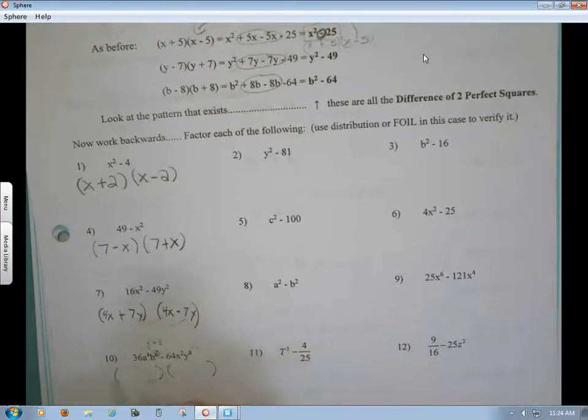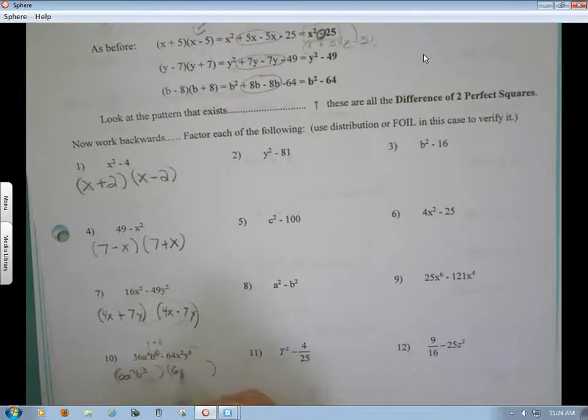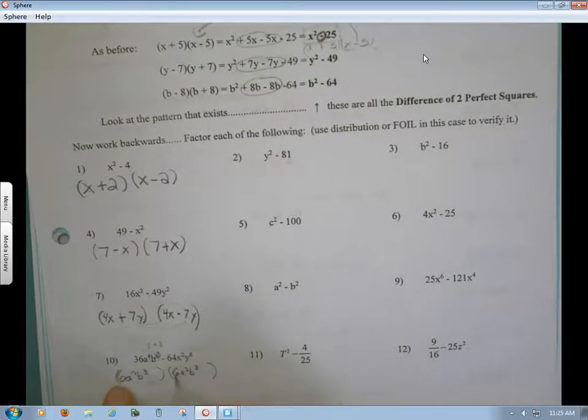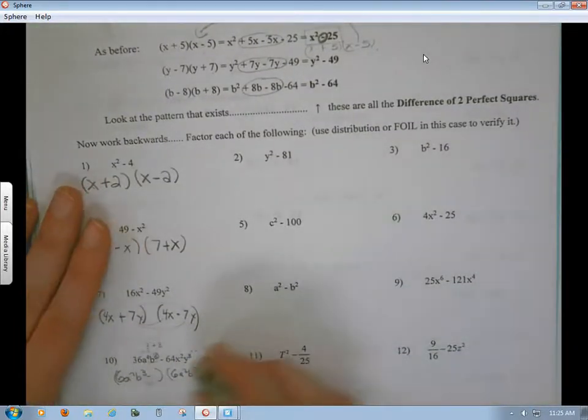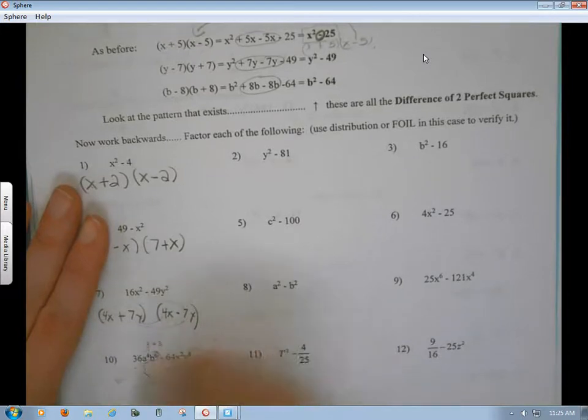So 36 would be 6, a squared b to the third, 6a squared b to the third. 6 times 6 is 36. A squared times a squared is a to the fourth. B to the third times b to the third is b to the sixth. Minus, I should have made more room. I'm going to have to rewrite. I didn't make them big enough.